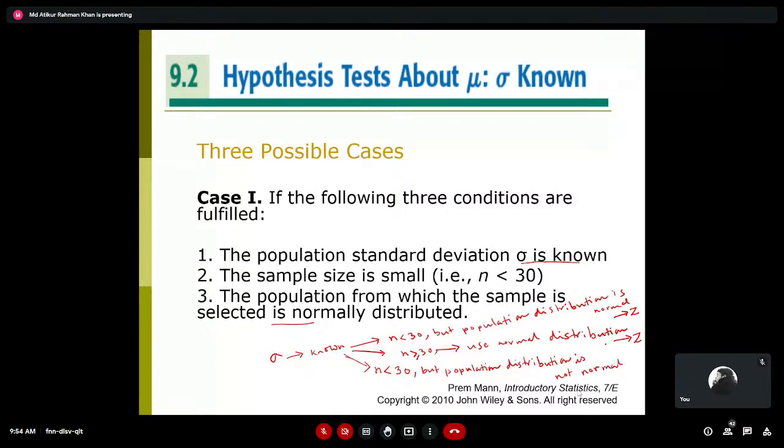Then there is no option to use the Z statistic. We need to apply a non-parametric method.